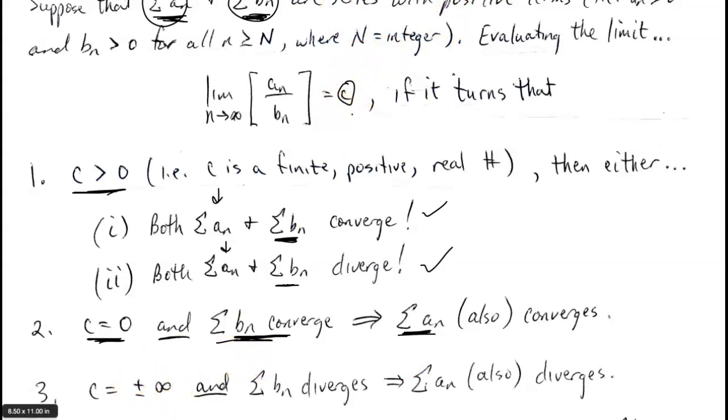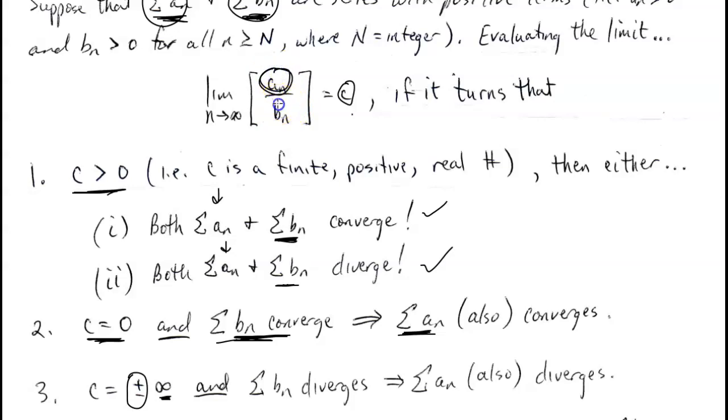I put plus or minus infinity, but if all of the terms or values from a sub n and b sub n are positive, we're just going to see the infinity case, but I tried to do a catch-all here. So just focusing on the infinity part, if we see that this limit equals infinity, then what that means is that our a sub n sequence is the larger of the two sequences here.